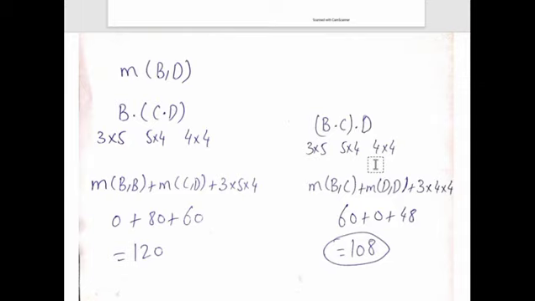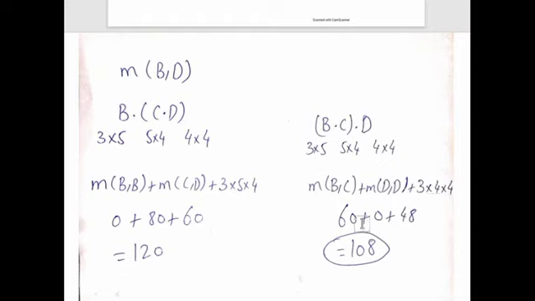Now as we have already multiplied the matrix B with C, the result was 60. We have taken this value from our table X, plus multiplication of matrix D with itself, the self multiplication always gives us the answer 0, plus the whole multiplication. 3 into 4 is 12, 12 into 4 is 48. 60 plus 0 plus 48 gives us the answer 108.